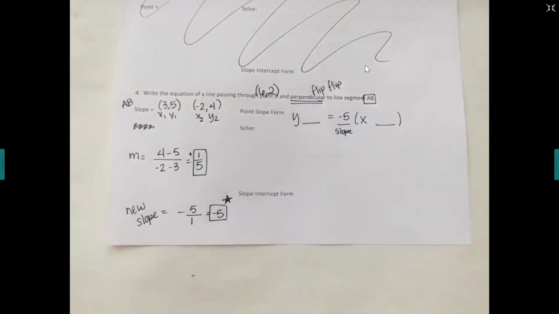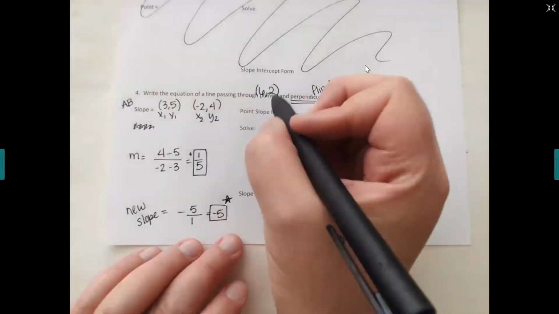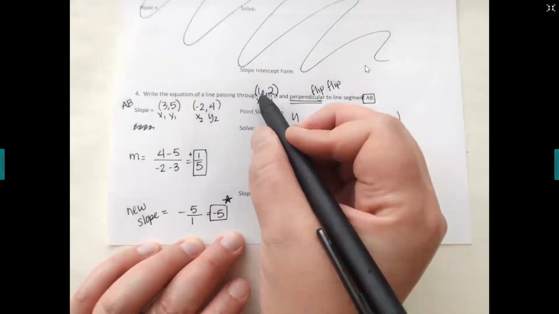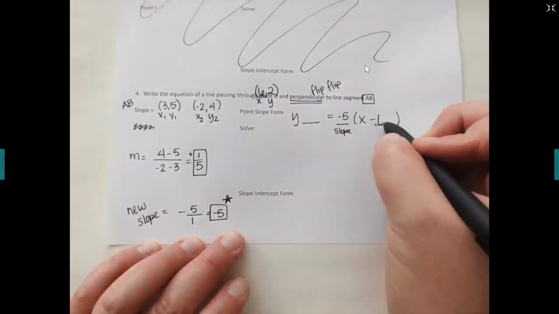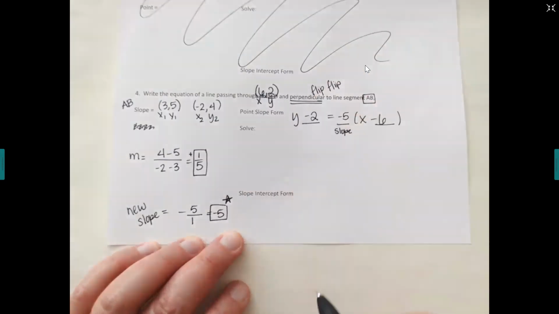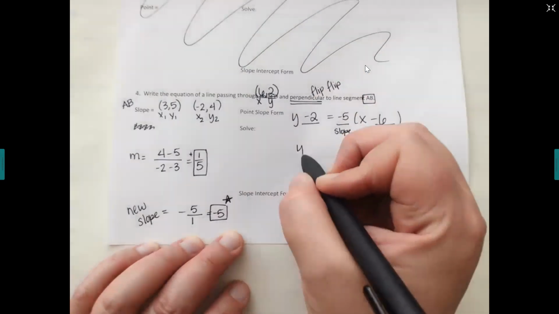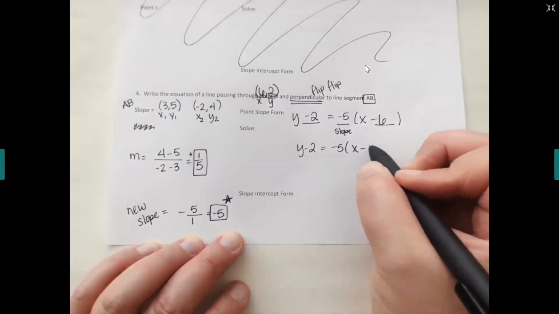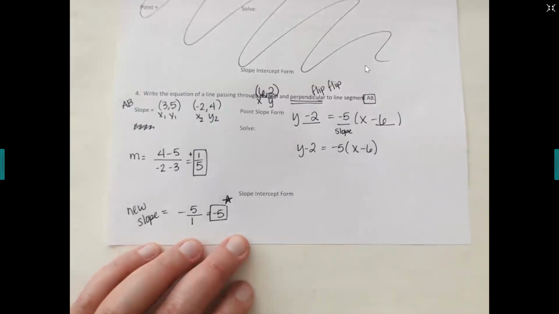And then remember that for my x and my y, I have to change the sign when I put them in the blanks. So my x is a 6, my y is a 2. So if this is a +6, I'll put a -6 in the blank. 2, I'll put a -2 in the blank. So I have y minus 2 equals -5 times x minus 6.